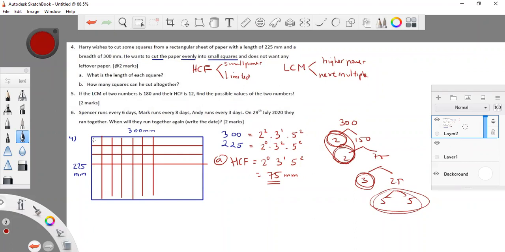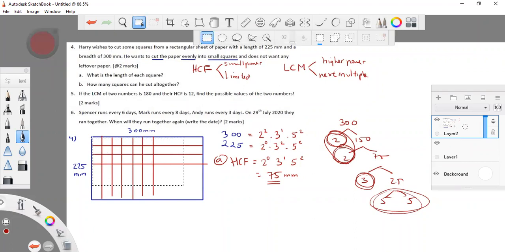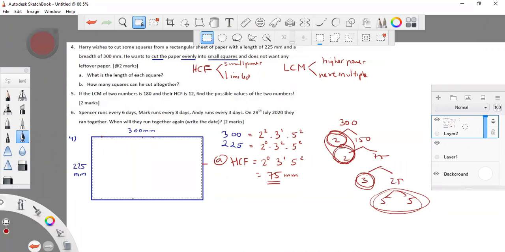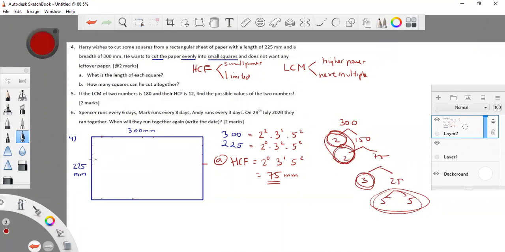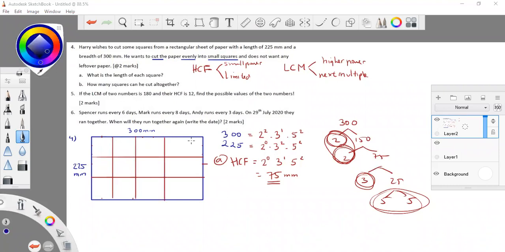But the drawing is too small, we created too small a square. So the square is just 75, guys. The square looks like this: 75 times 3, there are only 3, 75, 75, 75. For 300, how many are there? There are 4. So the picture is roughly like this. I'll make it a bit neater. This is not even a square.